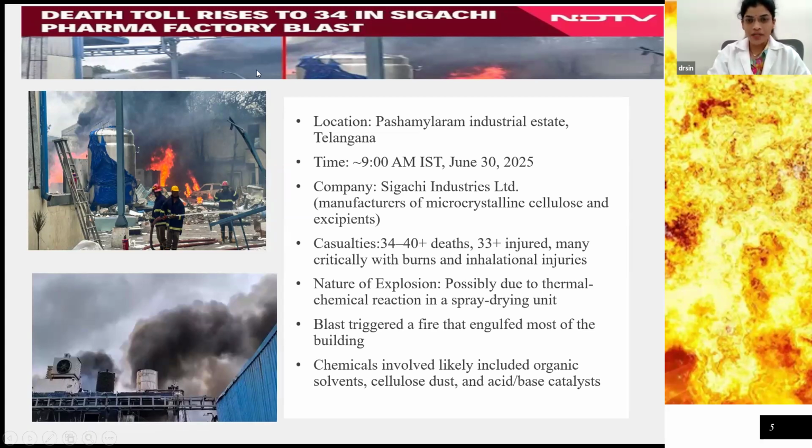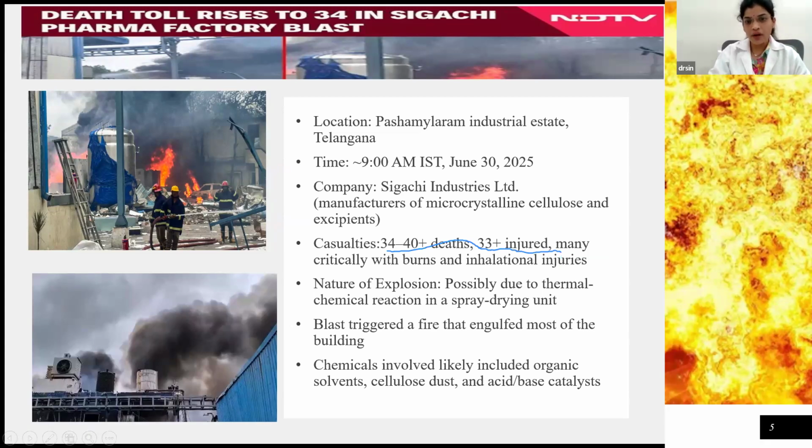It was at Pashamylaram Industrial Estate, on June 30th, 2025 at 9 a.m., at Sigachi Industries, a manufacturer of microcrystalline cellulose and excipients. The casualties were 34 to 40 plus deaths and 33 plus injured, many critically with burns and inhalational injuries.